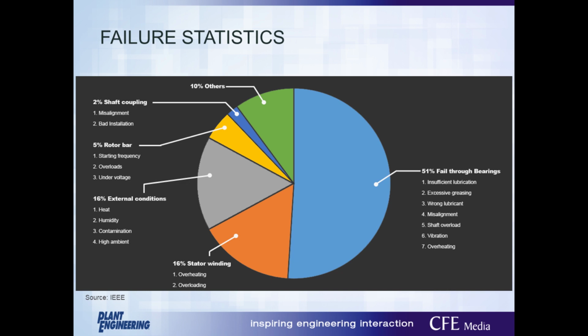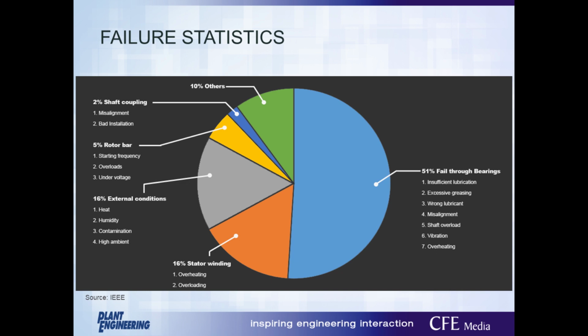Also listed here are insufficient lubrication, even excessive lubrication, too much grease, the wrong grease, parallel or angular misalignment, vibration, or overheating of the bearing. Next leading cause of motor failure is stator winding issues. This is characterized by short circuit or open circuit. These will be caused by repetitive overloading and subsequent overheating of the motor, causing some issues in the windings.